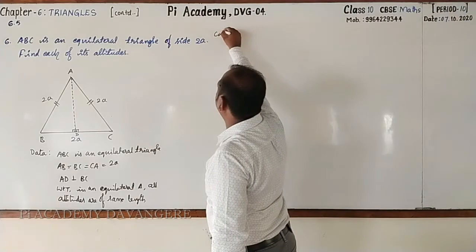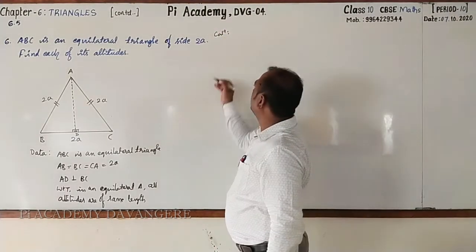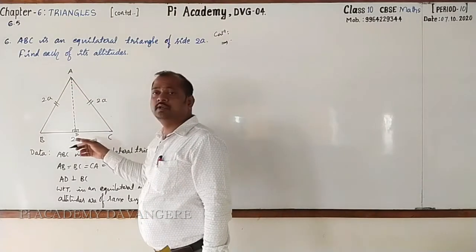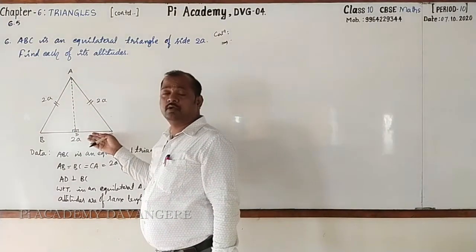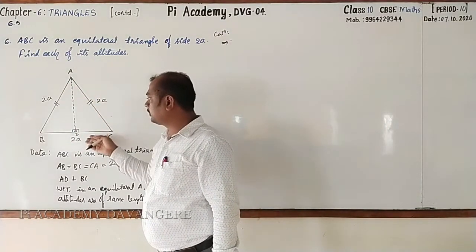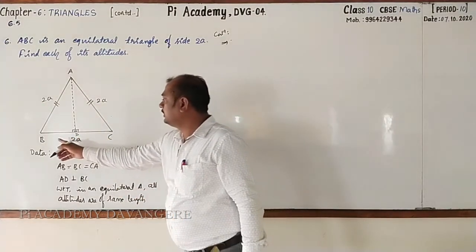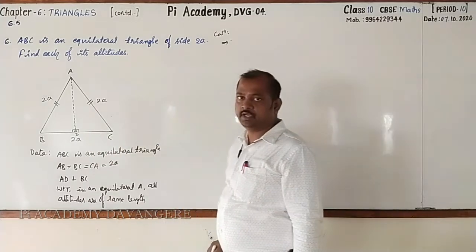Okay, let's go for calculation. We all know that the perpendicular drawn in an equilateral triangle bisects the base. Hence, BD equal to CD.